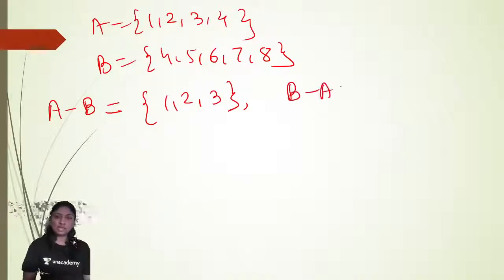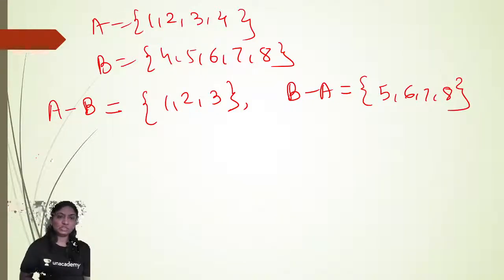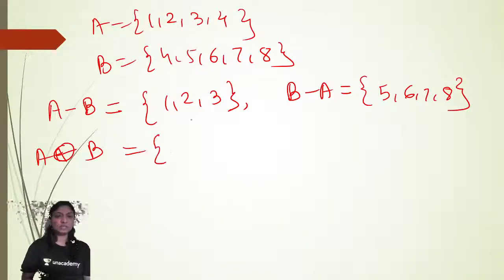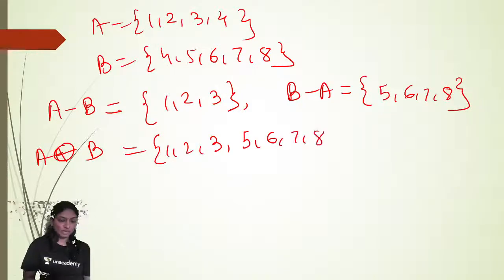B difference A means the elements which are in B but not in A, so it is only 5, 6, 7, 8. And we take the union of these two. So the symmetric difference of A and B, denoted by A ring sum B, is equal to the union of these two, {1, 2, 3, 5, 6, 7, 8}, right? So the union of these two sets denotes the symmetric difference of A and B.